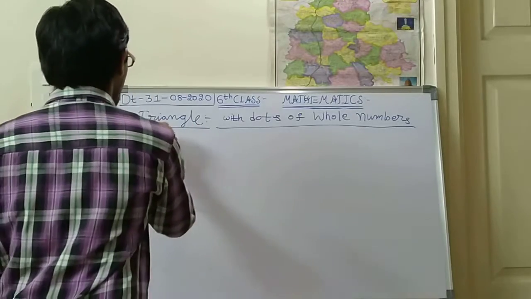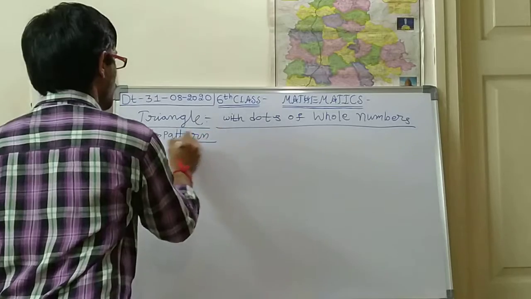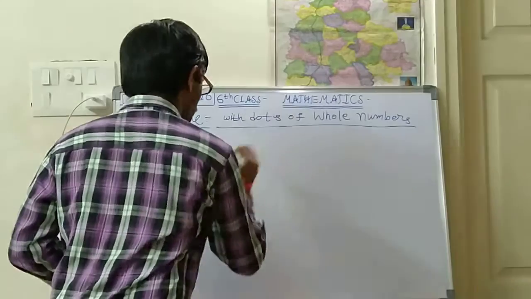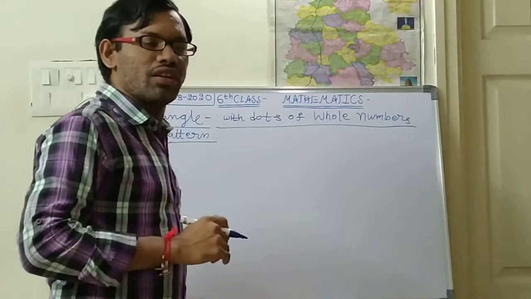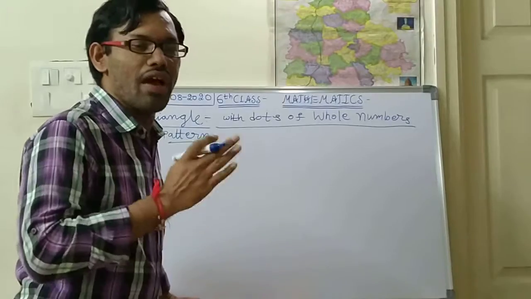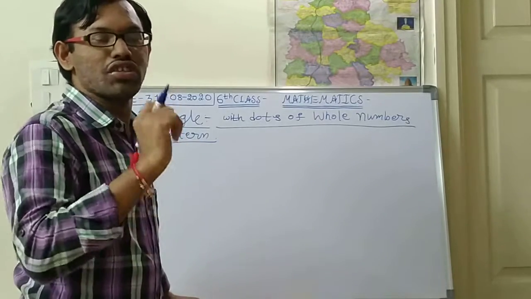This triangle is one of the patterns; this is a pattern we should assume. In yesterday's class we said that every pattern will have some measures of whole numbers.